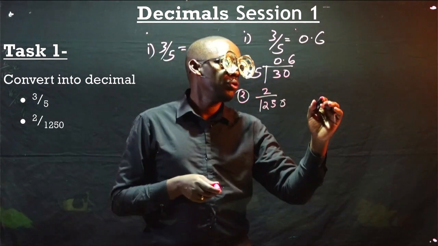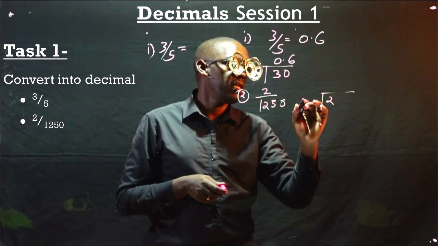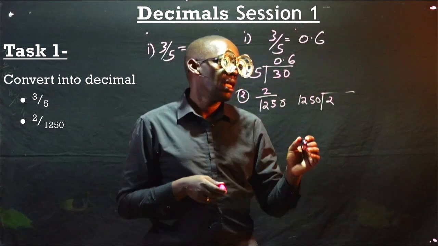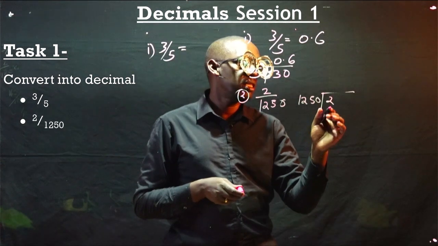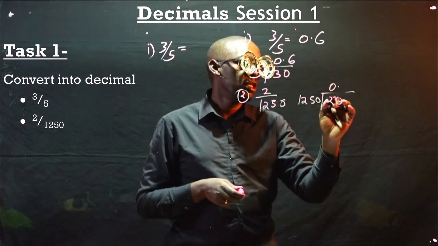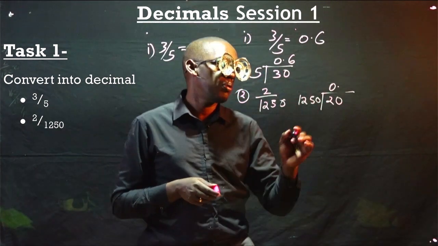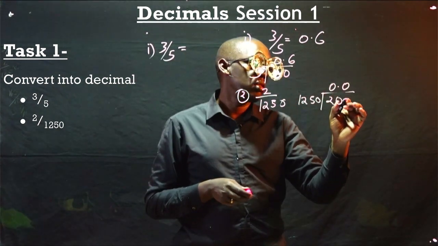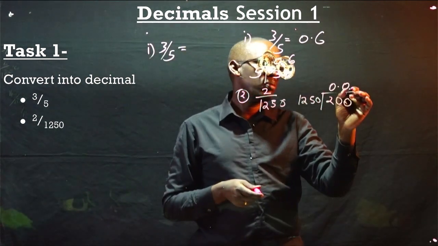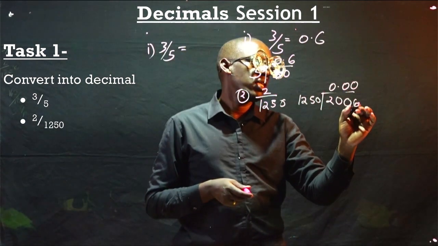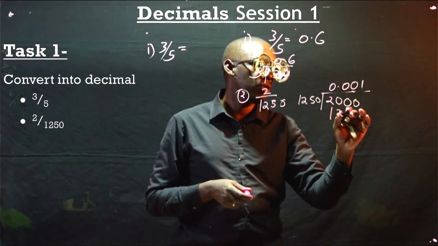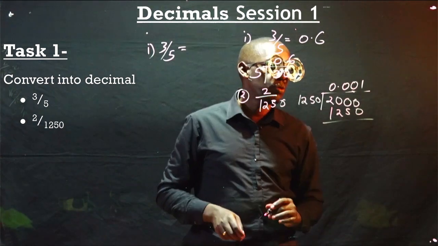You take your 2, then you divide by 1250. 2 divided by this is impossible, so you add a 0 there. 20 divided by 1250 is impossible. Put a 0 and another 0. 200 divided by 1250 is impossible. So you add a 0 and a 0 here. 2000 divided by 1250 will be 1.